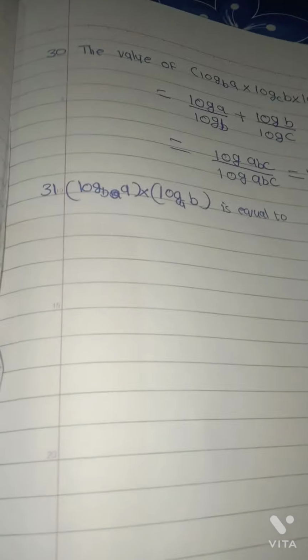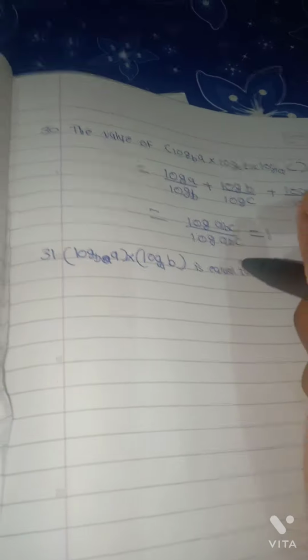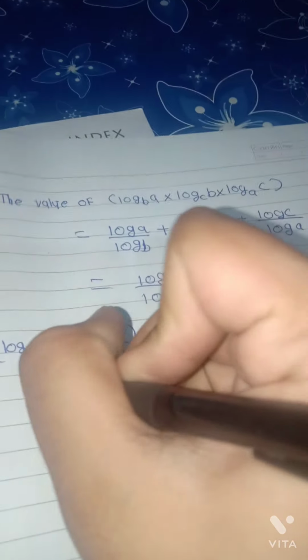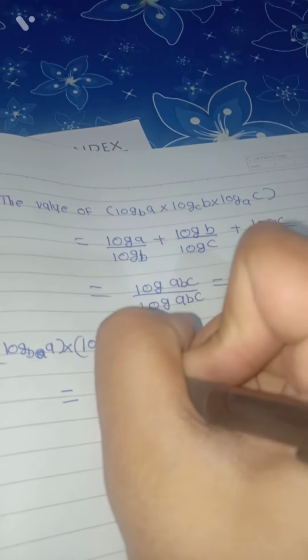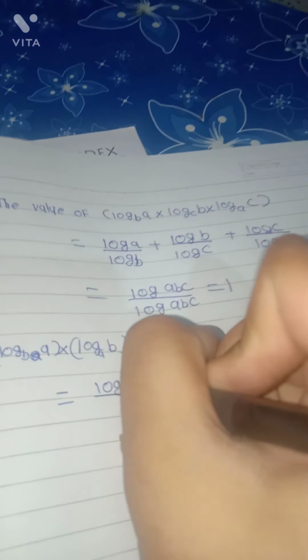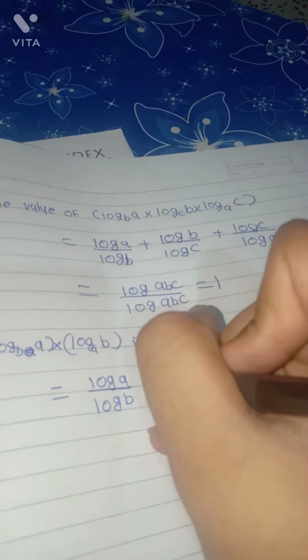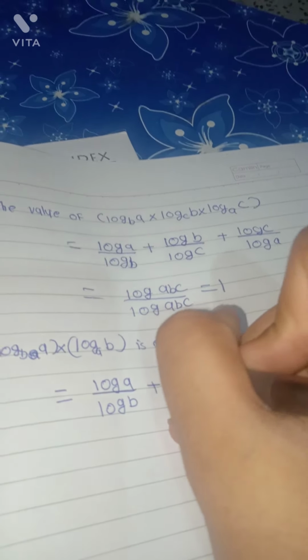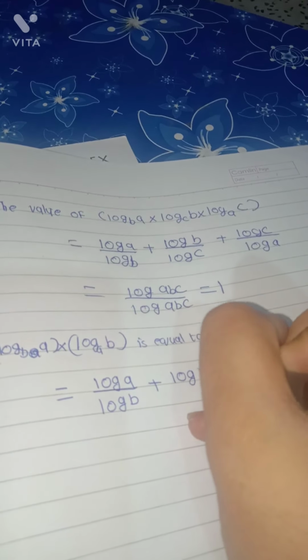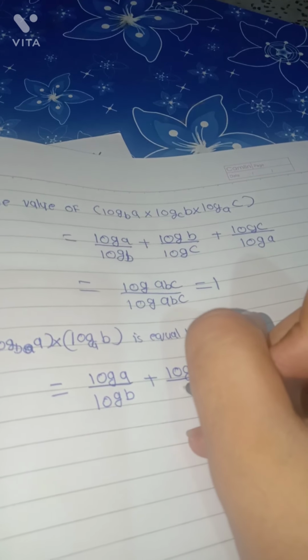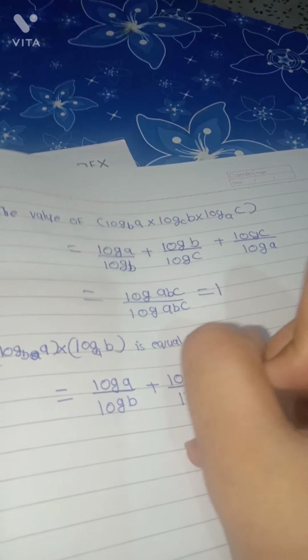In 31 also we have to find the value of the given expression. In this also we will change the base, so it will be equal to log a divided by log b plus log b by log a.